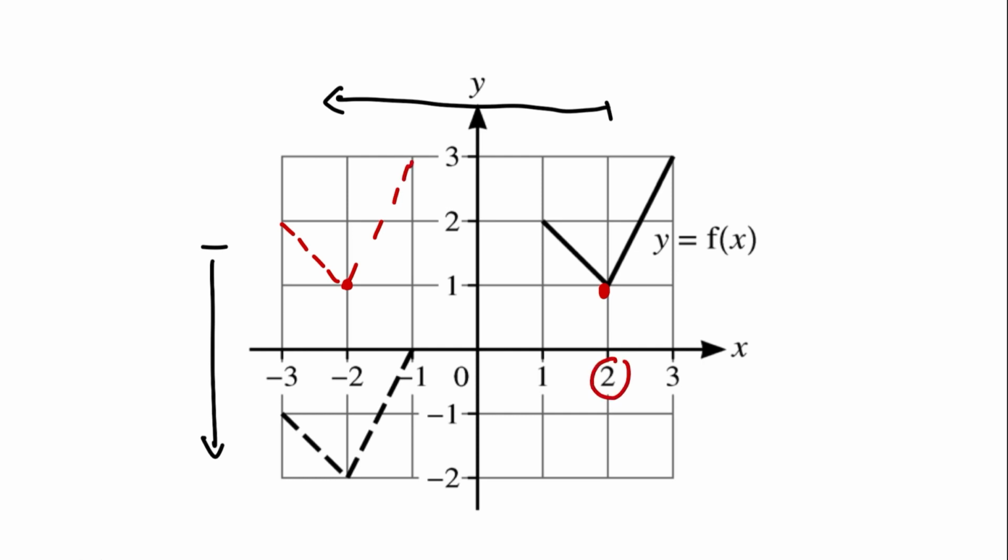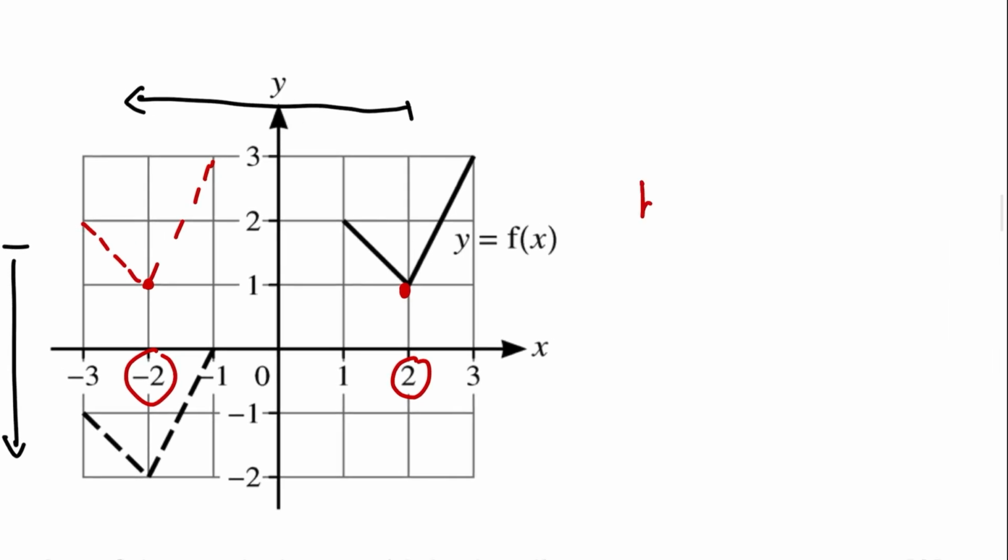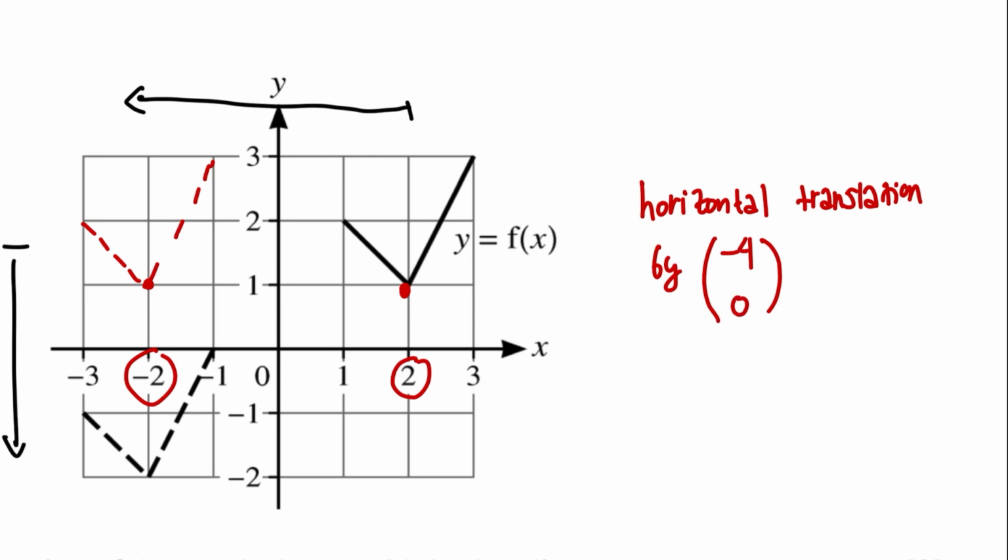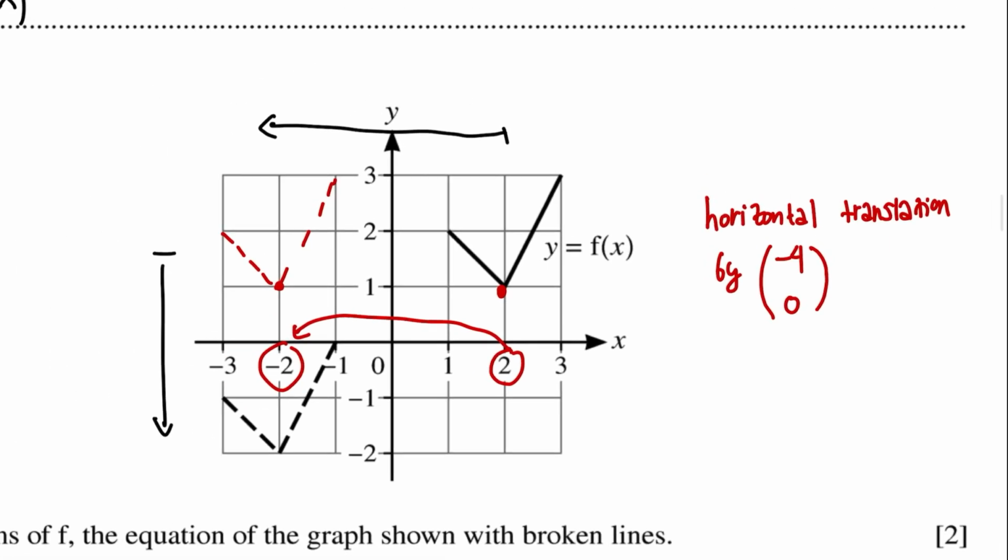So from 2 to -2 means that we do horizontal translation by the vector. Horizontal means that we put here -4, 0, because from 2 to -2 we move it to the left by 4 units, or we can say -4, 0. And after that we move it down.